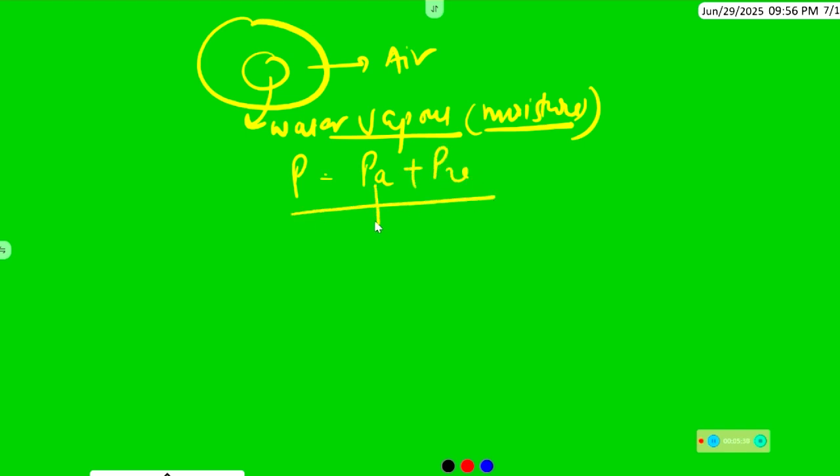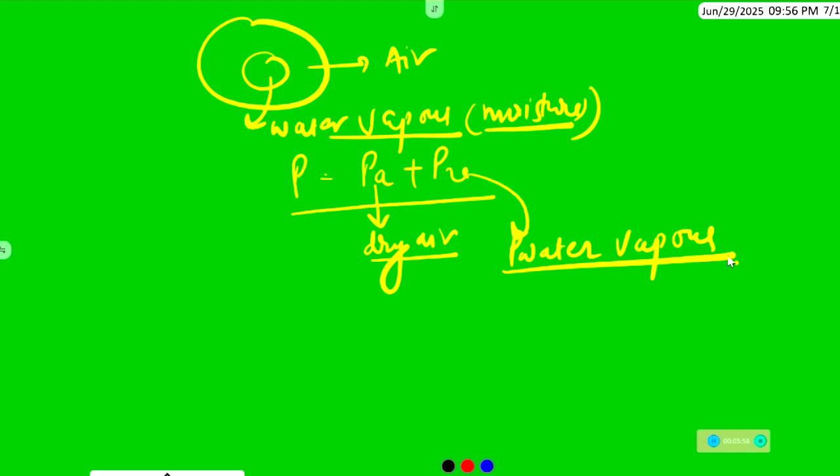Here onward, the suffix A to the P will indicate dry air, and PV will be the pressure of water vapor in all the subsequent cases.